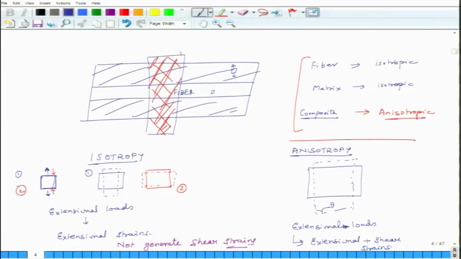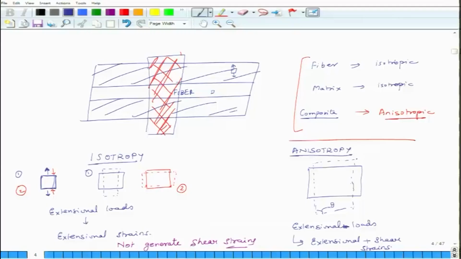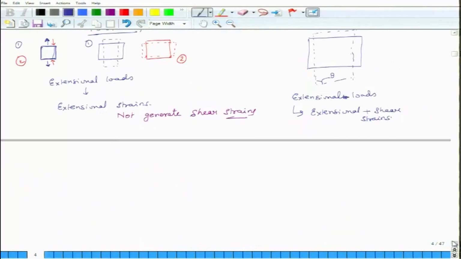Same thing happens if you compress it. It will not only become shorter and fatter, but it will also bend and twist, and it can generate shear strains there also. So that is the difference between isotropic situations and anisotropic materials.